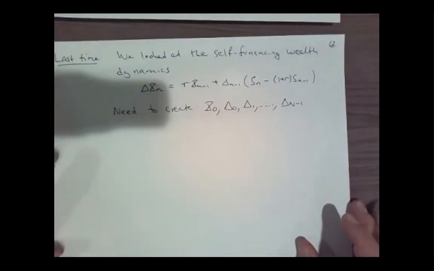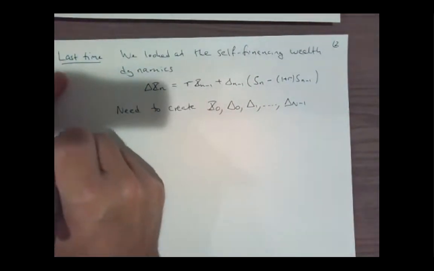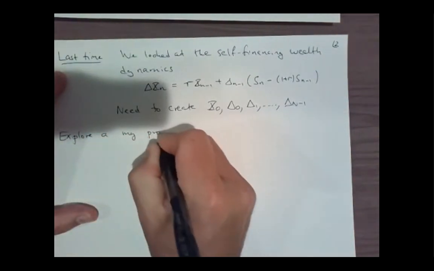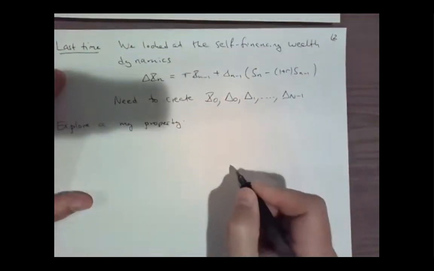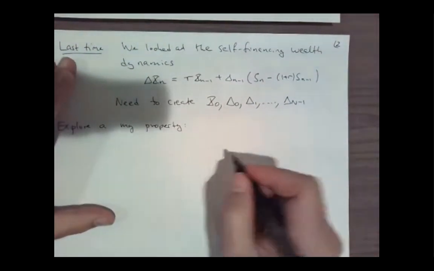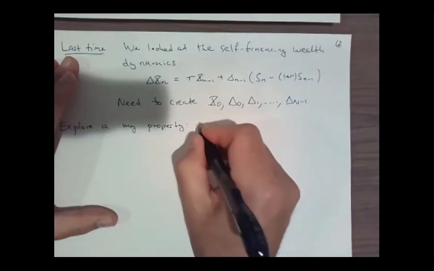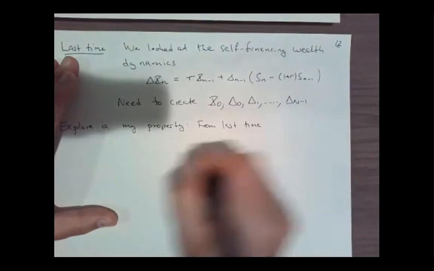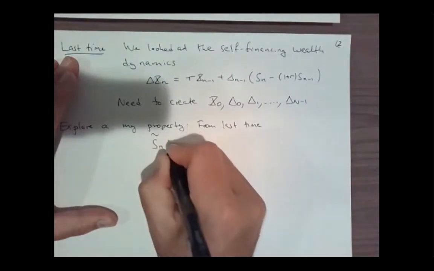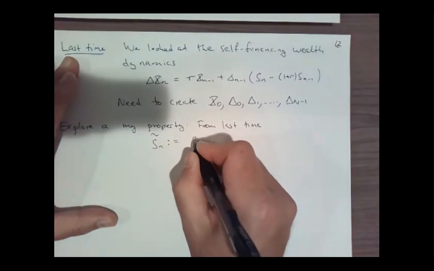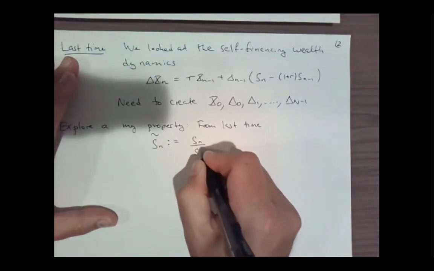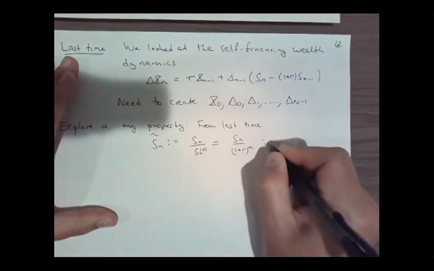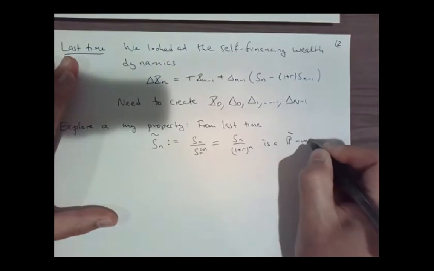Well, we're going to explore a martingale property. We know that the discounted stock price, so this is also from last time, maybe from the time before, we proved that the stock price discounted, so this is Sn divided by 1 plus r to the n, is a p tilde martingale.